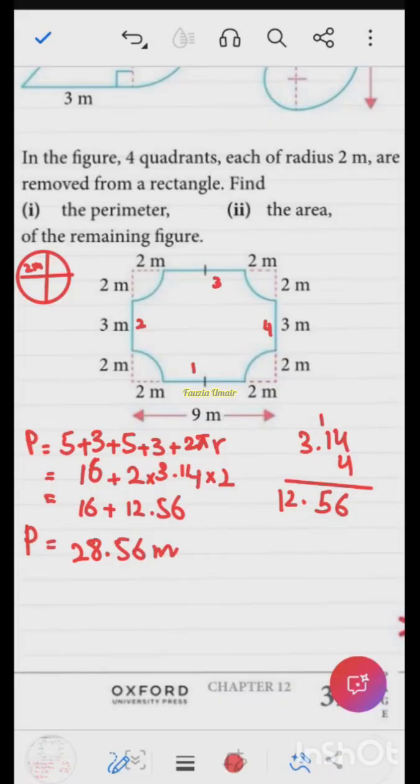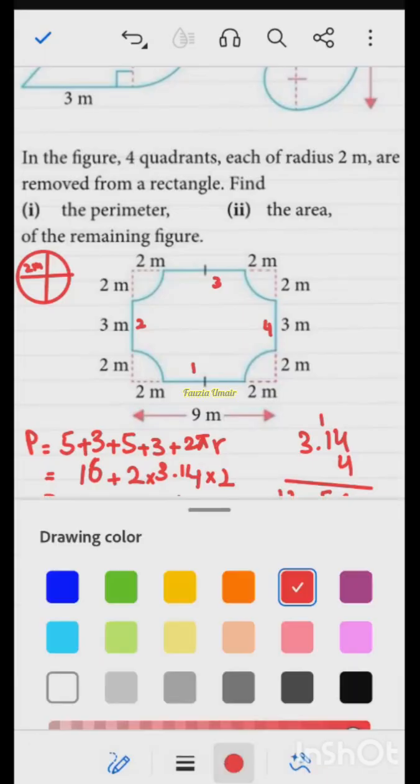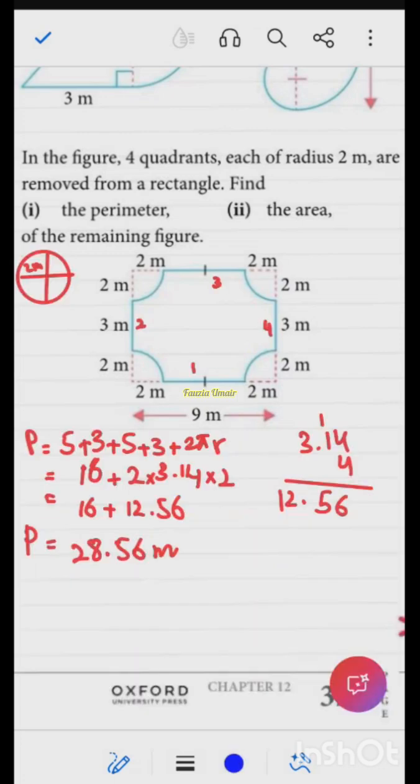So now we can find out the area. I'm using the same space here because I need to use this figure. To find area, first of all, we will find the area of this rectangle, right? Why am I calling this outer shape a rectangle? Because the length is 9, and if you look closely, the width of this shape is 3 and 4, 7 meters, right?